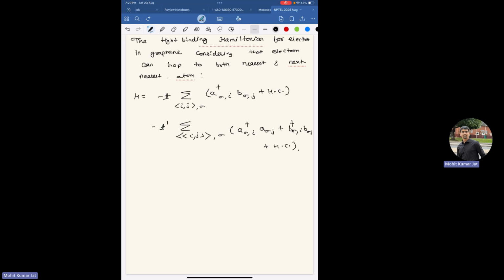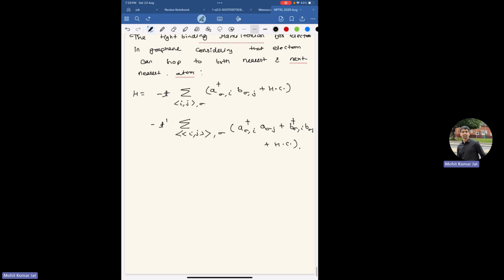where, as I discussed, there are two sublattices A and B, right? So A i sigma and A i sigma dagger are basically the annihilation and creation operators. Annihilation means it removes the electron from there, and A dagger creates an electron. So you can actually drop the spin term sigma, it's not relevant at this point.